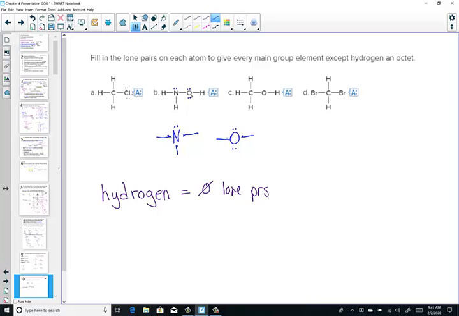Letter C. Hydrogen, never any dots. Carbon, it has room for 4 bonds. It has them. No lone pairs on the carbon. The oxygen, we said 2 electron bonds and 2 sets of dots. So in letter C, the oxygen needs 2 sets of dots.